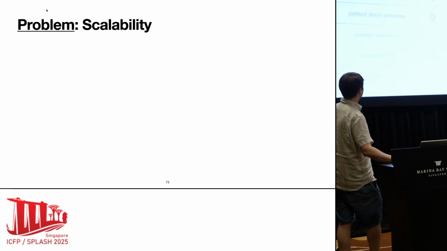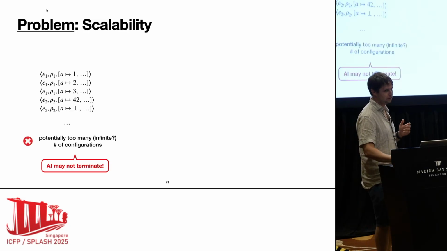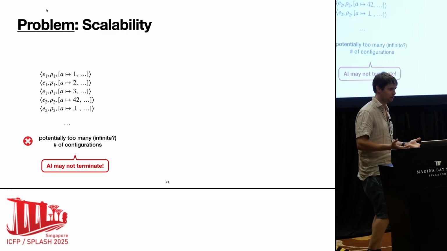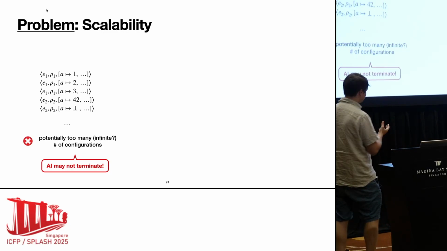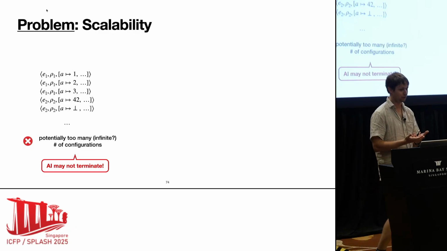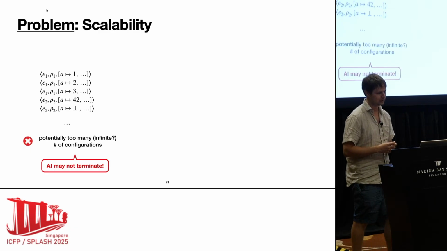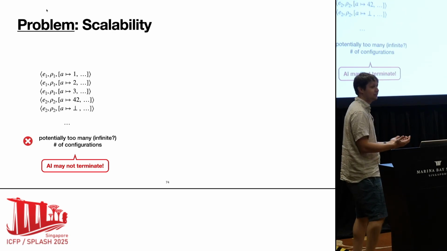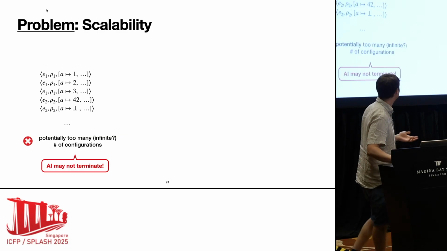To see where the problem is, well, the problem is basically that we have too many configurations. Why do we have too many configurations? Well, because every configuration has its own store, and we can have many different stores. Potentially even an infinite number of stores and continuations, in which case the abstract interpreter wouldn't even terminate.